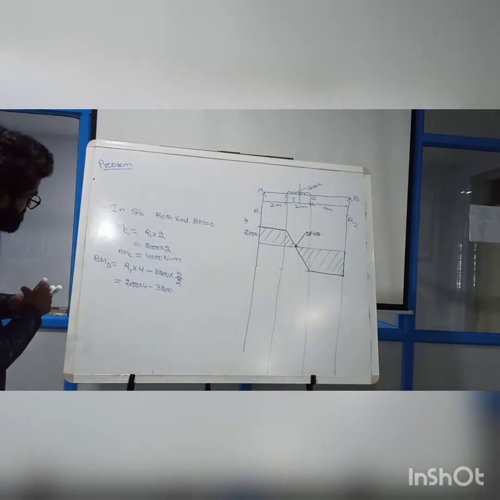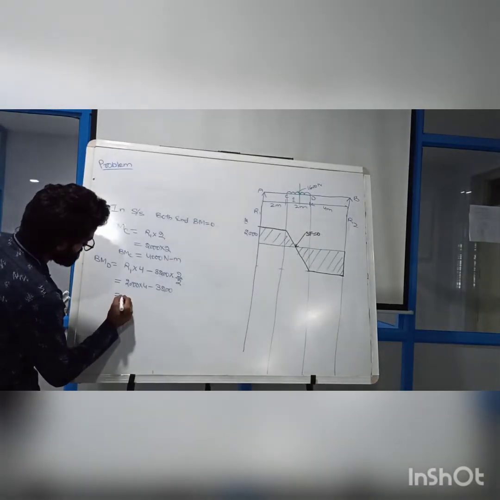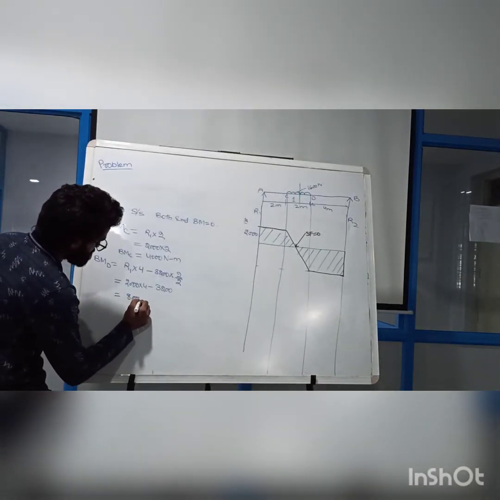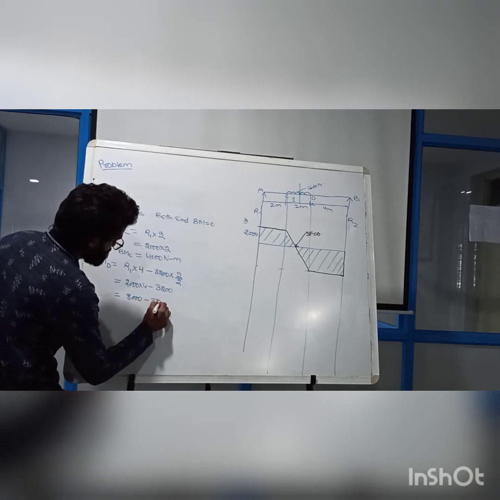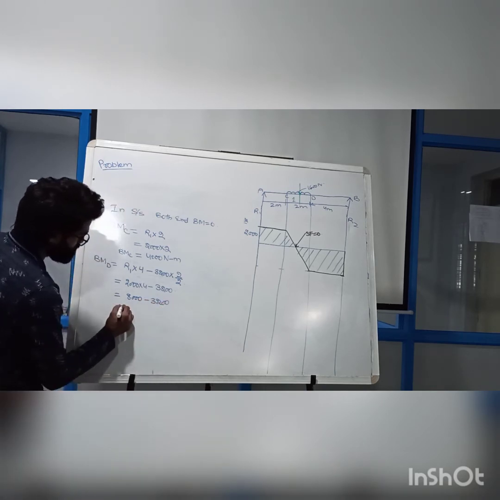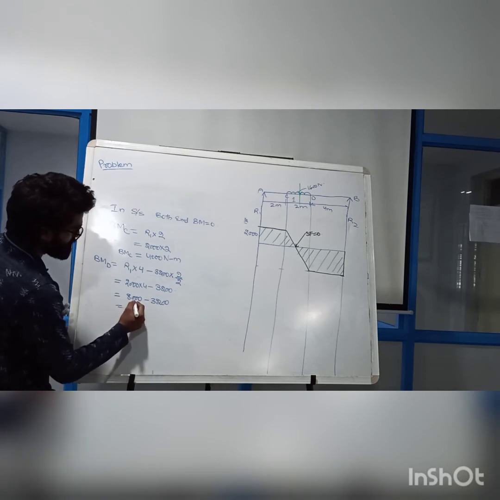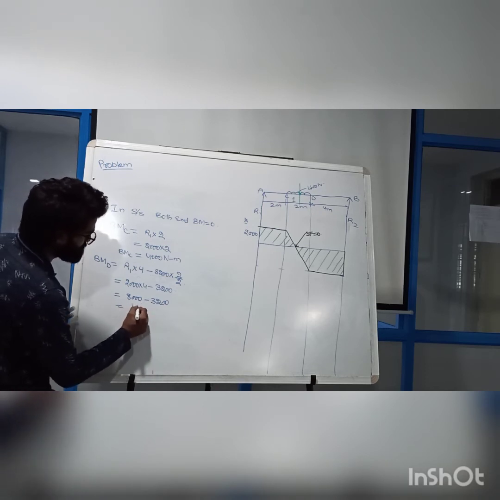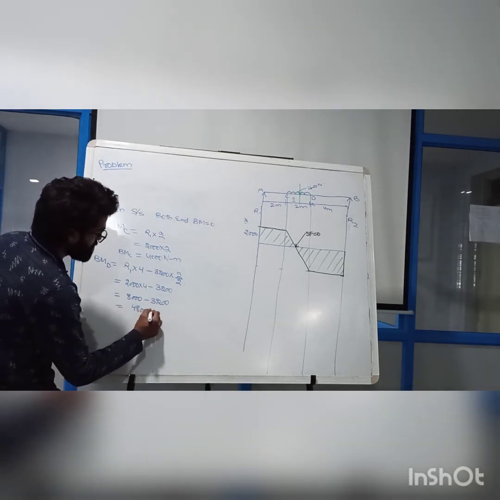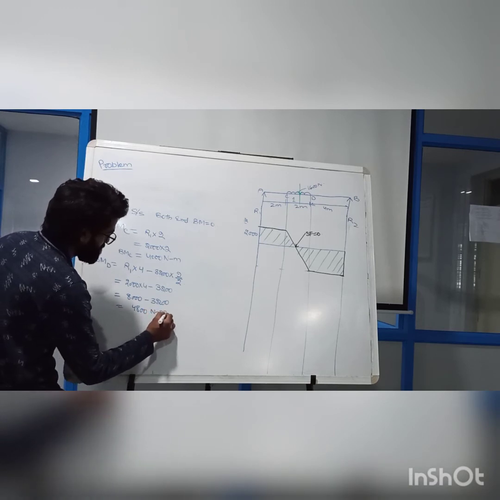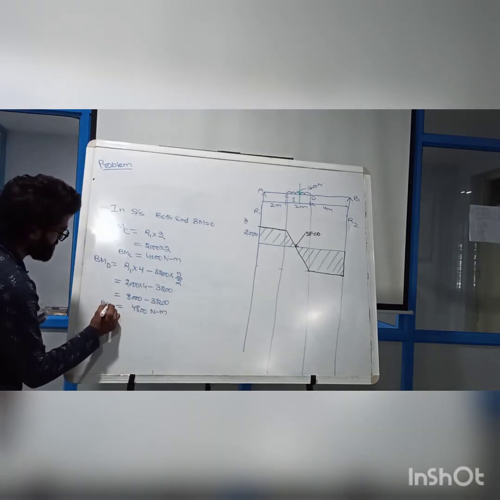My value at D is equal to 8000 minus 3200. How much do I get from here? 600 minus this is 200, so this is 400 Newton meter. So I got my bending moment at D.